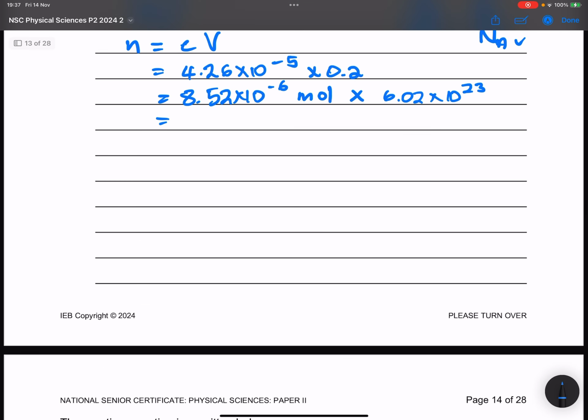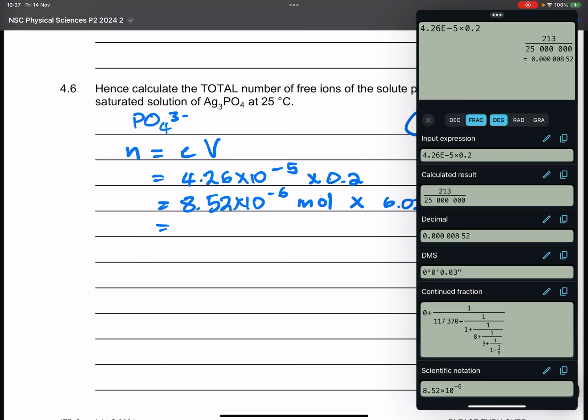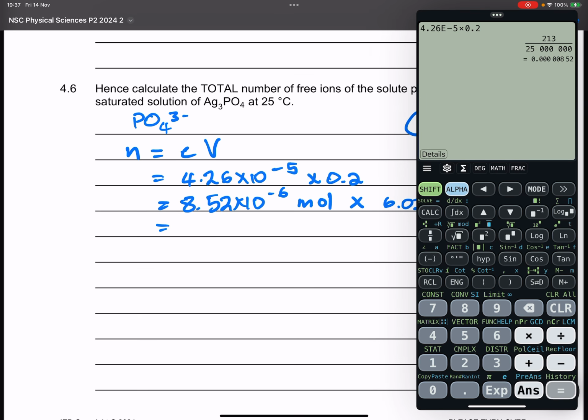Okay, so let's calculate. Multiplied by 6.02 times 10 to the power 23, and that will give us 5.13 times 10 to the power of 18, right? That's particles.